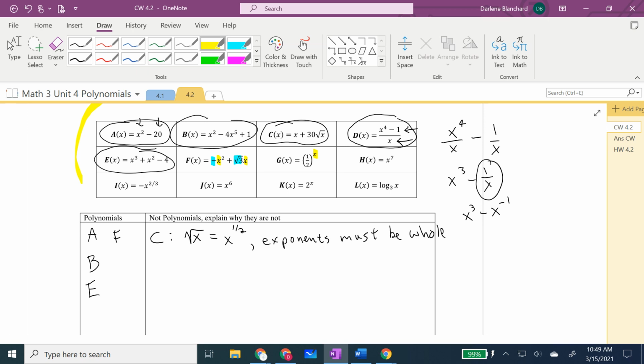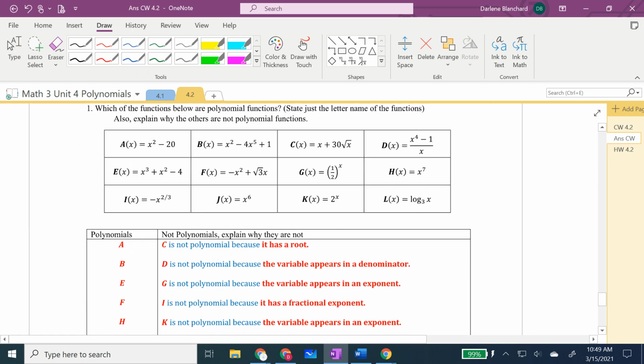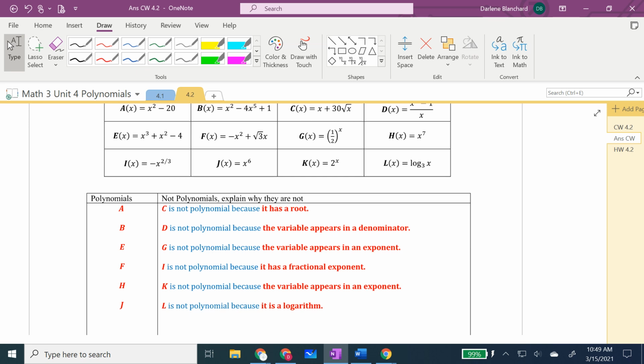And I realize my time is almost up. So I'm going to move over to the answers. And so it's a list of everything that is polynomial. And make sure that you take a look at what is not polynomial. You just have to know the difference between polynomial and not polynomial.